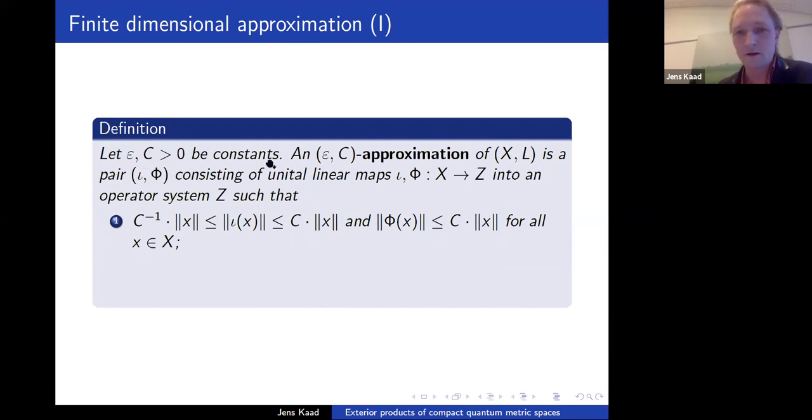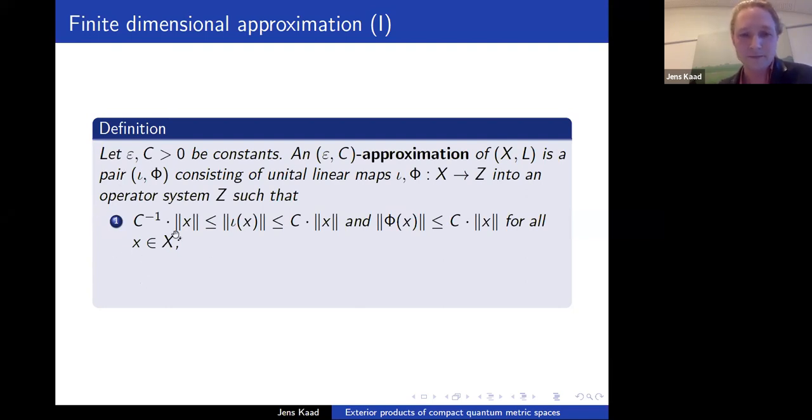And then you look at what is called an epsilon, c approximation of the pair consisting of your operator system and your Lipschitz seminorm. This is going to be a pair iota, phi of two unital linear maps taking values inside some auxiliary operator system. These two maps have to satisfy some conditions.